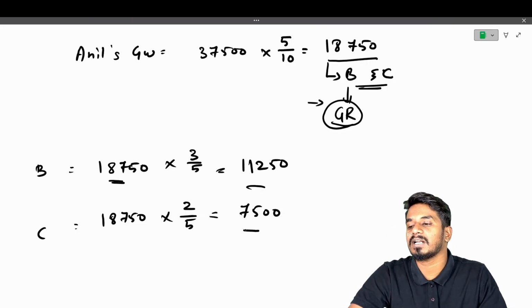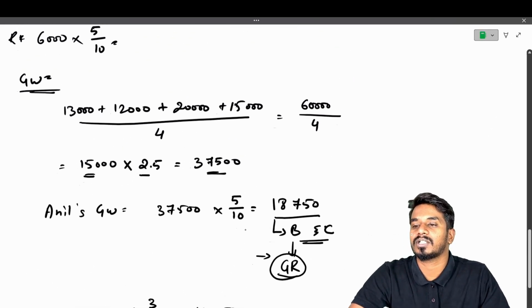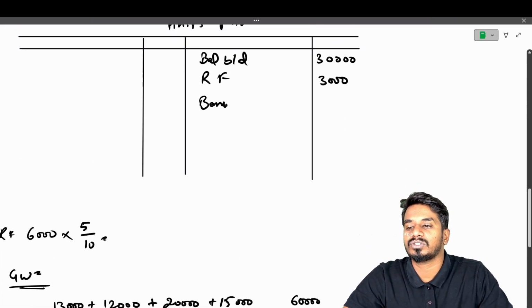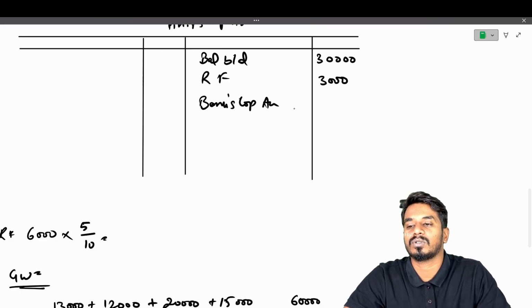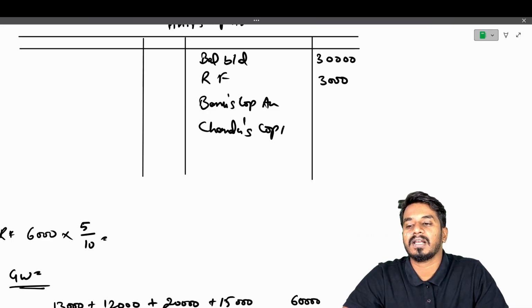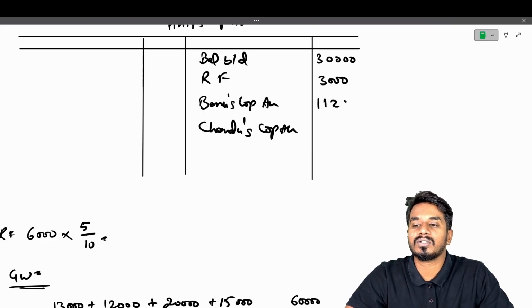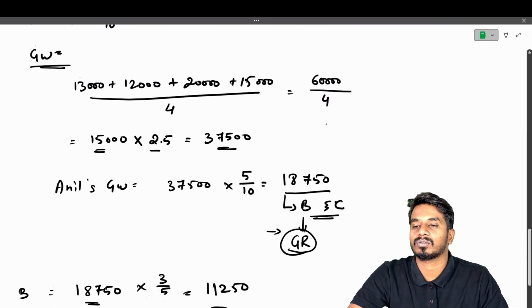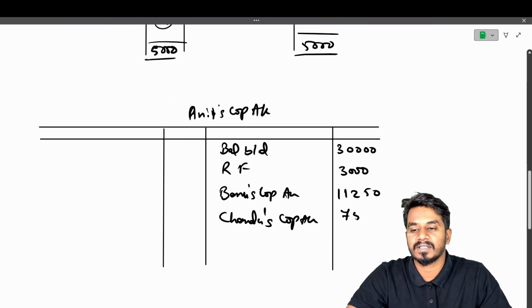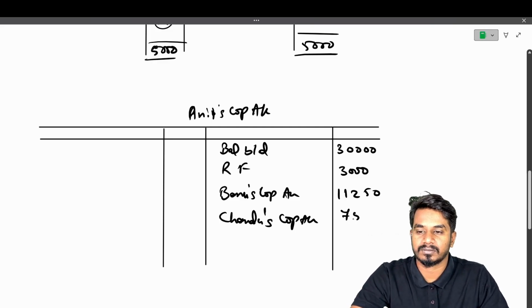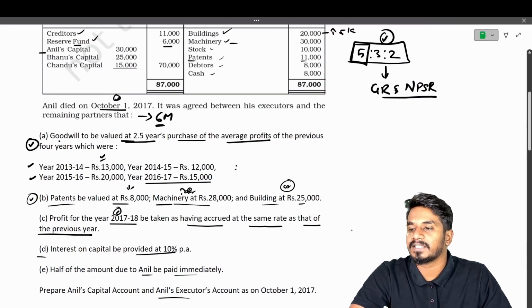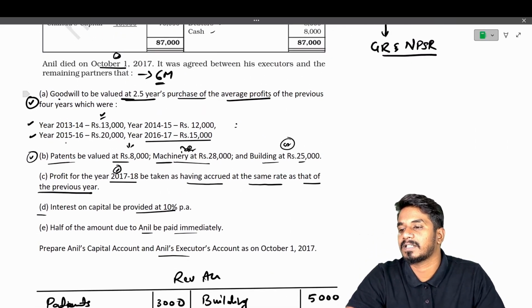So this is the compensation by B and C, that is Banu and Chandu. So here we will write it in Banu's capital account and Chandu's capital account: 11,250 and for Chandu 7,500. Understood? Yes. This is done.